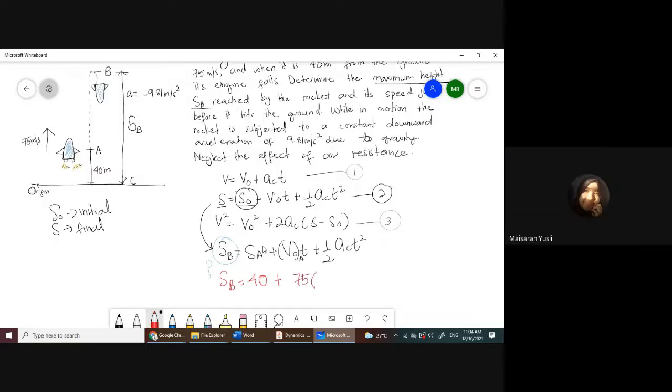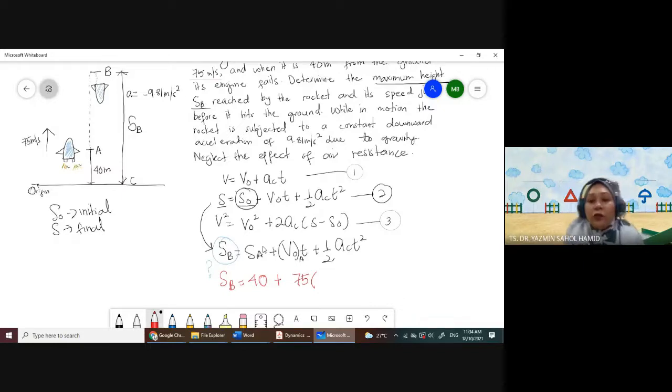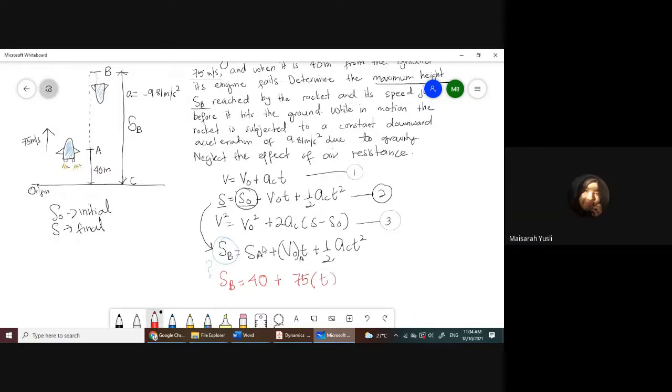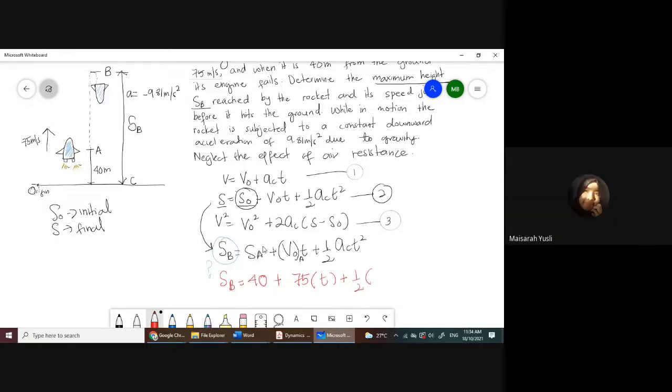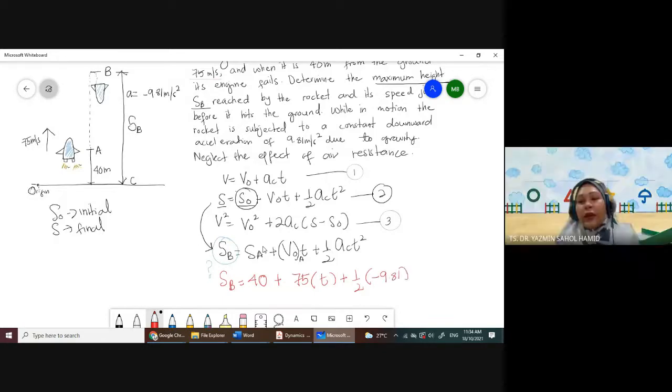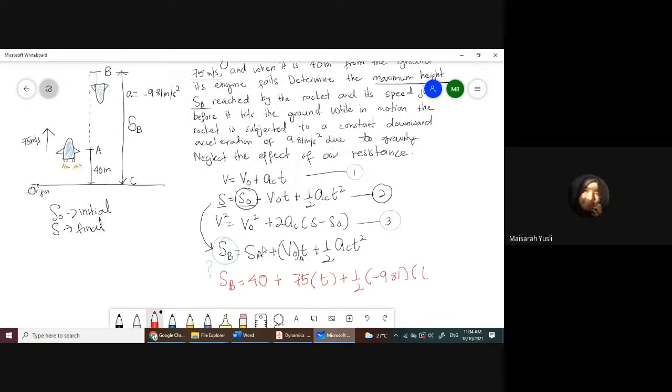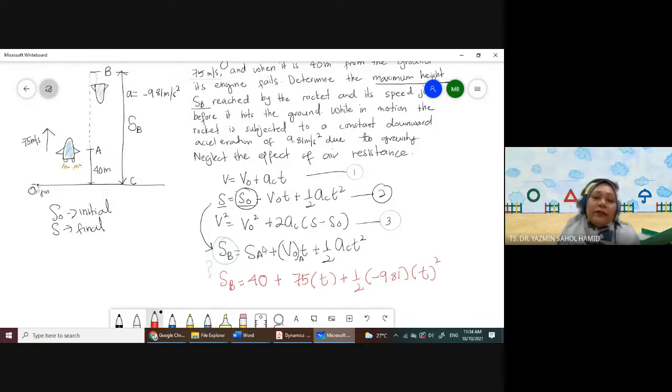Do you have the time? No. Do you have the acceleration? Yes, negative 9.81. So what do you think?